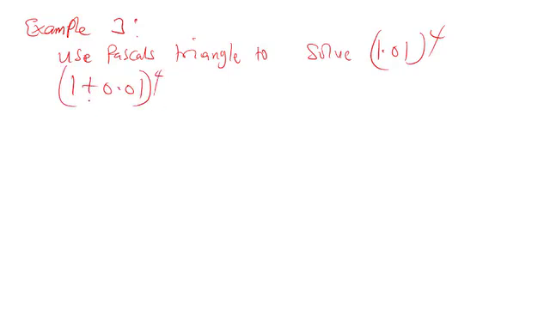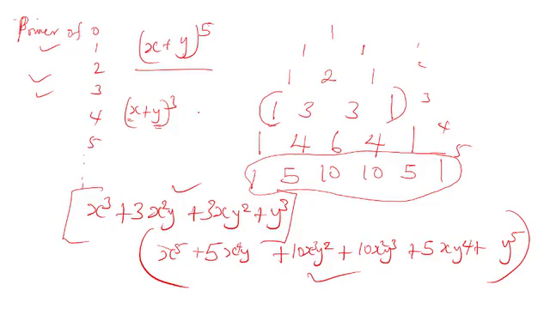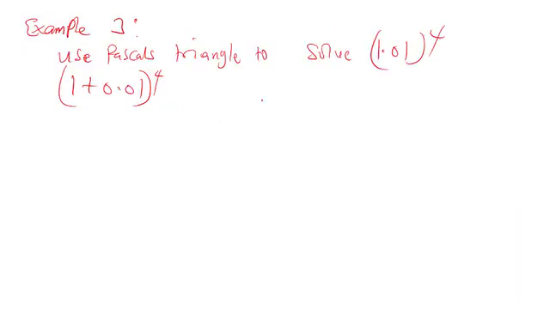Now, let's apply Pascal's triangle. Raised to power 4, in the fourth lane, we have 1, 4, 6, 4, 1. So, we now start. 1 raised to power 4 is the first, plus the next one should be 4 times 0.01.